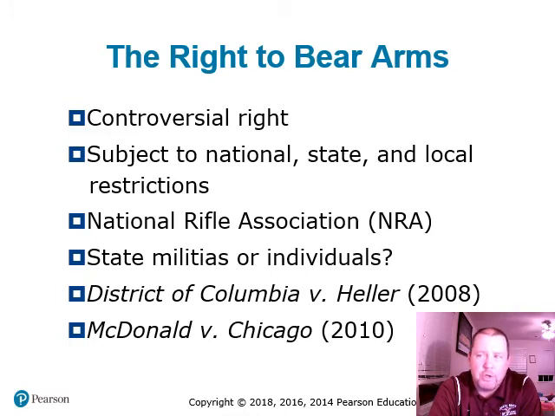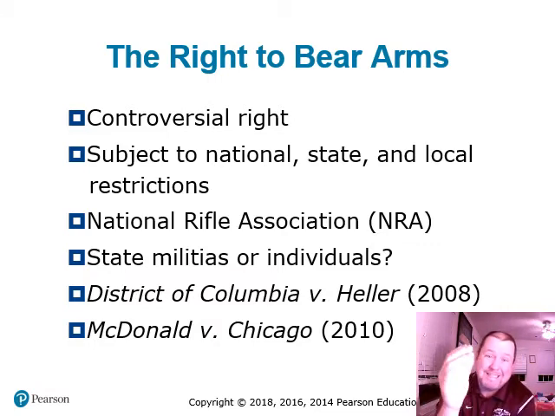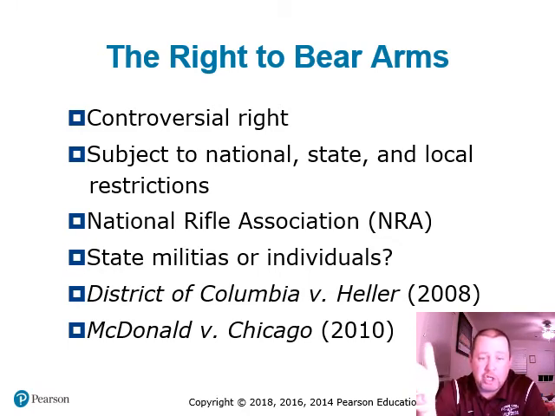Like they made it to where you couldn't get any new permits or something like that. McDonald versus Chicago, however, because D.C. is federal land, it's federal, it's not a state, and so it's always had to abide by the Bill of Rights. McDonald v. Chicago, on the other hand, is the case that actually incorporates the Second Amendment to the states.